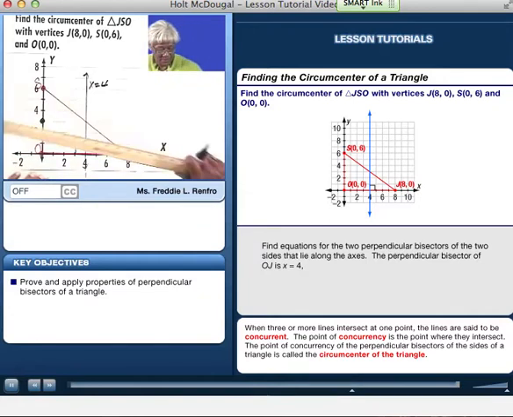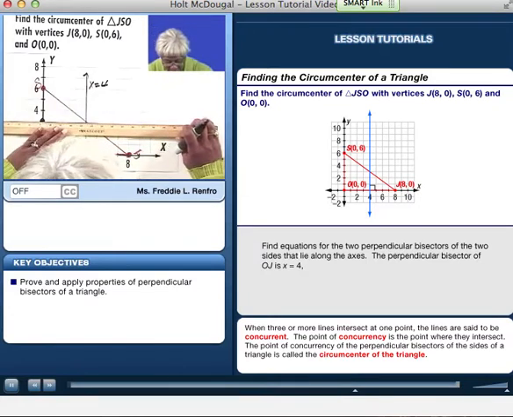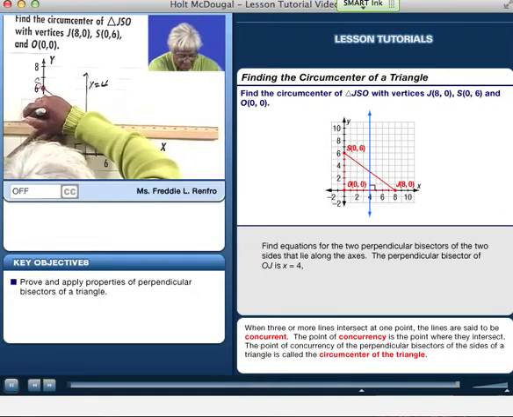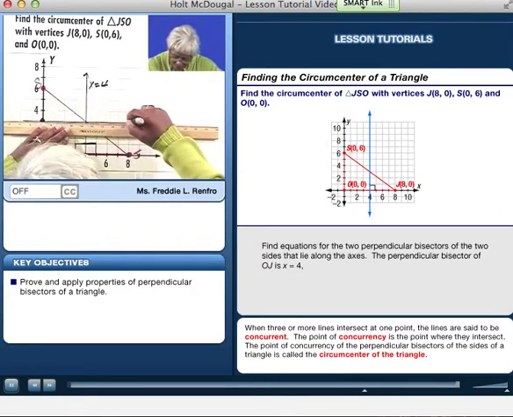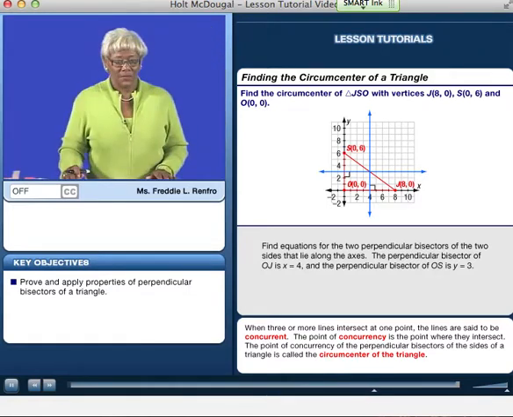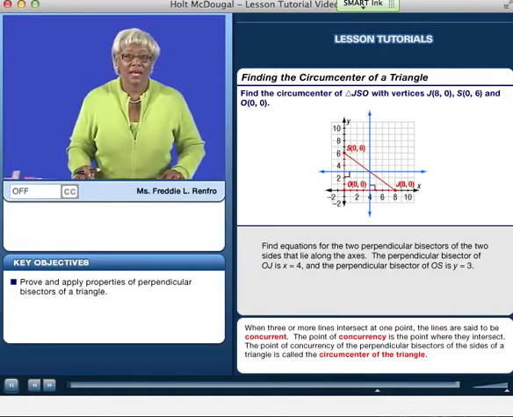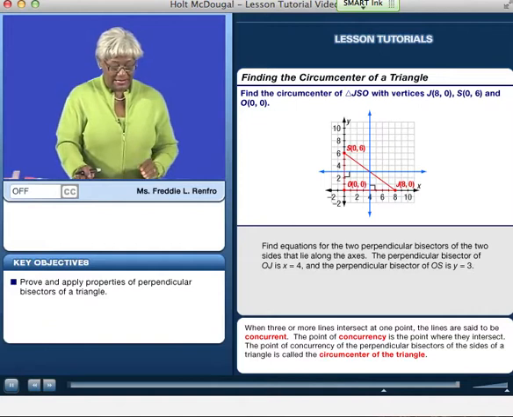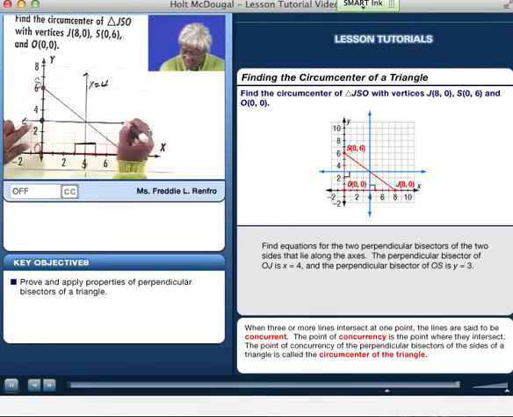And a perpendicular bisector would be a horizontal line parallel to the x-axis. Any horizontal line is perpendicular to the y-axis. The equation of this line is y equals 3.